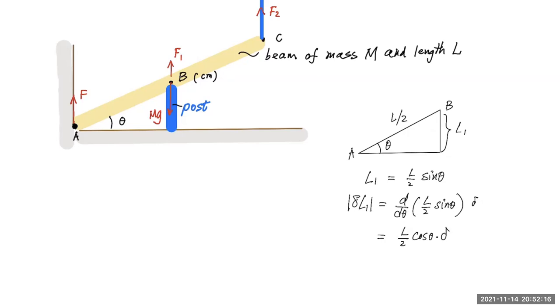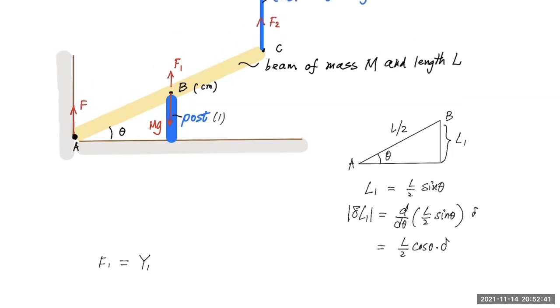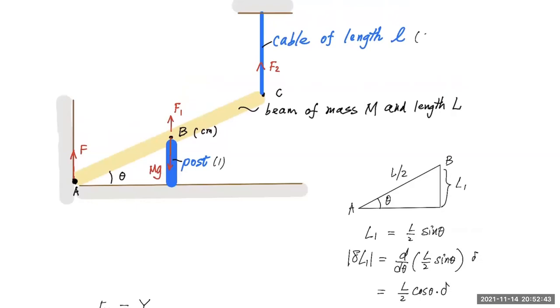And if you know also the cross-section area of the post, of course, that has to be given, and the Young's modulus, then I can find the amount of supporting force F1. That's from the second part of this chapter. So F1 would have to be equal to what? The Young's modulus, Y1, assuming the post, I'll label everything with 1, and the cable, everything labeled 2.